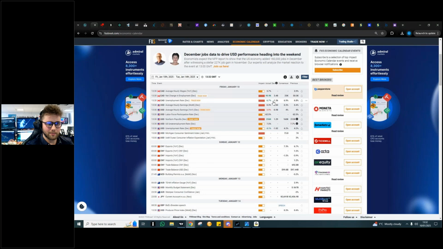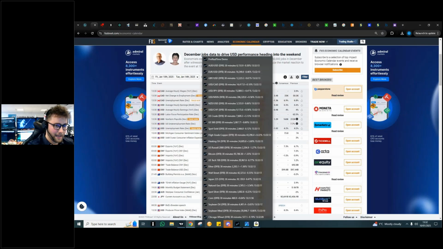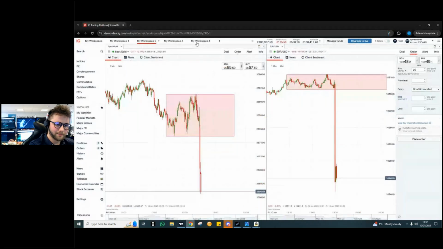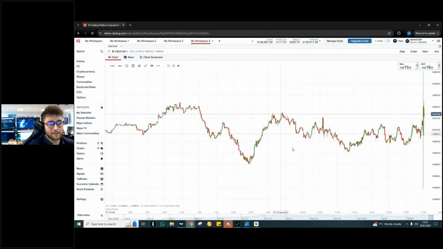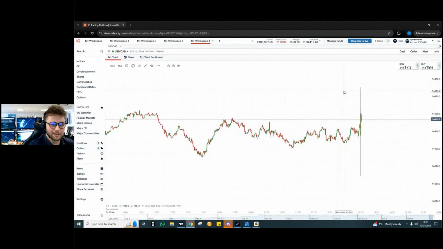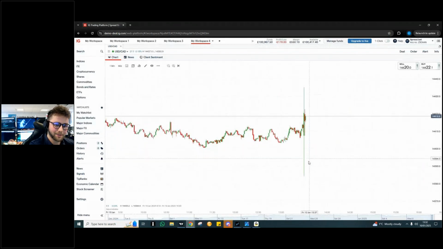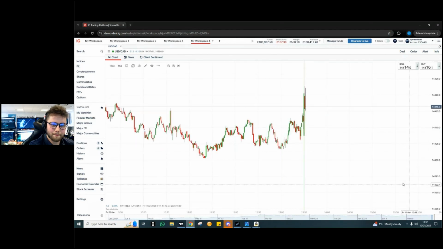And this was also quite a big beat on the consensus, 25 consensus up to 90, and unemployment also down. So yeah, not very good for dollar CAD. And this is the worst case scenario of what you can have happen, a candlestick that looks like this. That is not what you want to see.